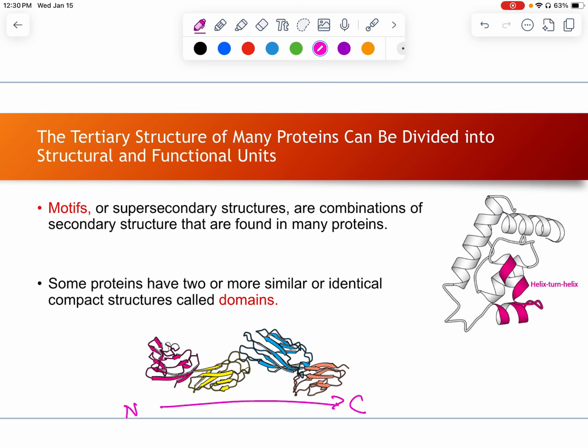So even though this is one polypeptide chain, we can see, wow, this looks a lot like that, looks a lot like that, looks a lot like that. Those are called domains. And oftentimes each of those domains will perform a function and they'll all be similar because they have similar structures. All right, we've done primary, secondary, tertiary.